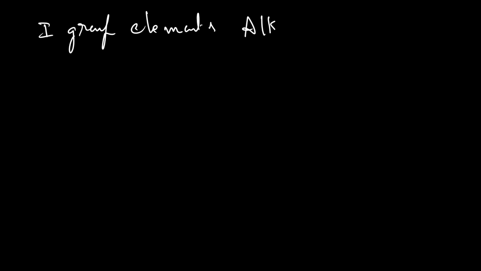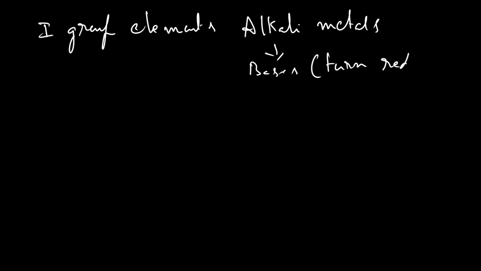On the other hand, on the table we have seen first group elements. What do you call first group elements? Alkali metals. Alkali means bases, bases turn red litmus to blue.